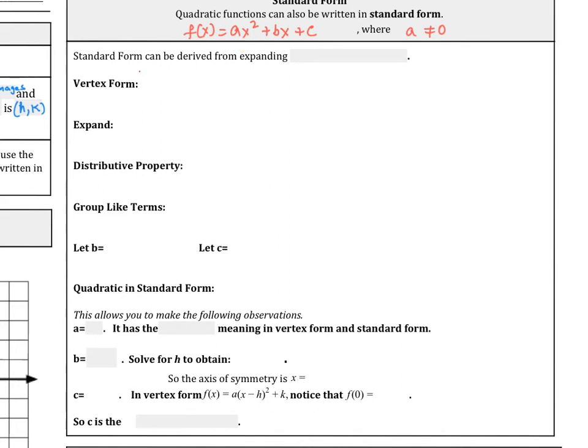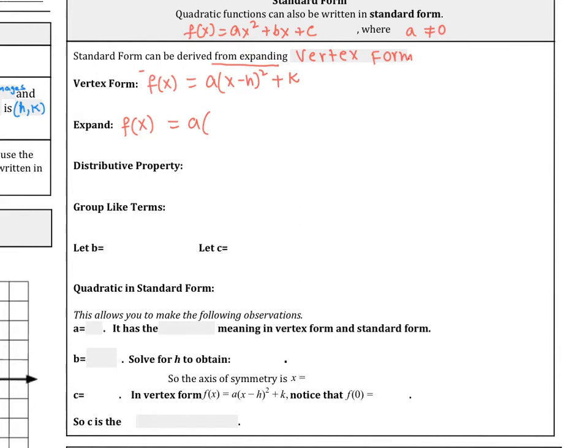Next, standard form can be derived by expanding the vertex form. The vertex form, you remember, is f(x) equals a times (x minus h) squared plus k. Now you want to expand this vertex form and get the form that is in the standard form.